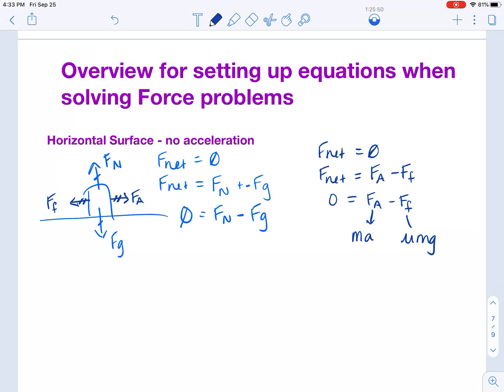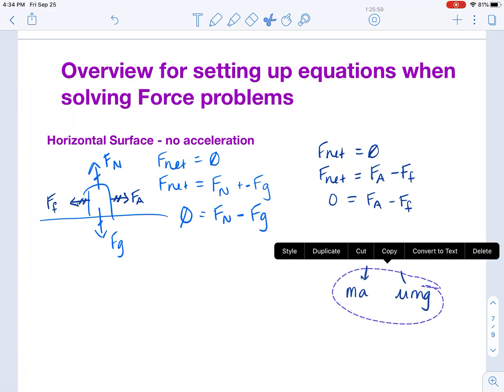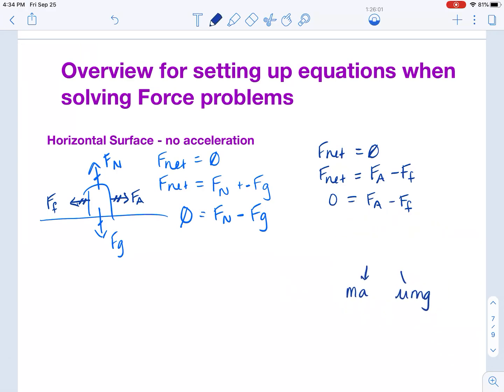For both of these situations, since I have a net force of 0, you could also choose to say that your applied force is equal to the frictional force, because if I'm going to take this formula and actually do my math work with it, I will eventually need to move those forces to opposite sides so that I can plug them in.